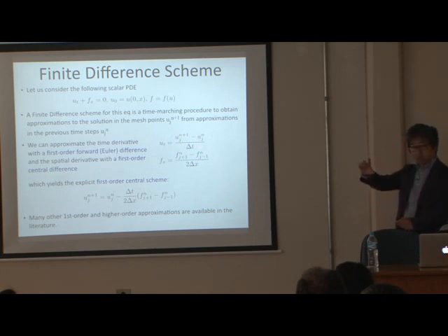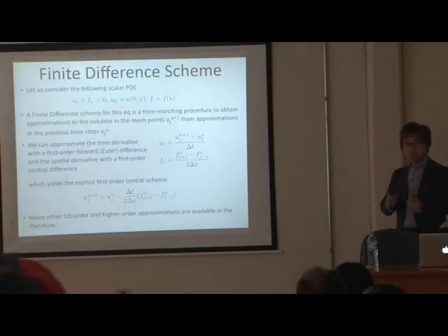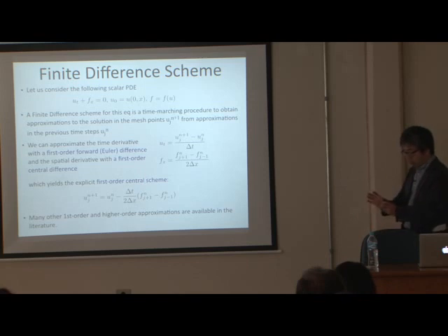For space, this is the difference between point j+1 and j-1 at the same t equals n, divided by 2 delta x. This is the central difference between each discrete point. Then we can combine them together into this equation.